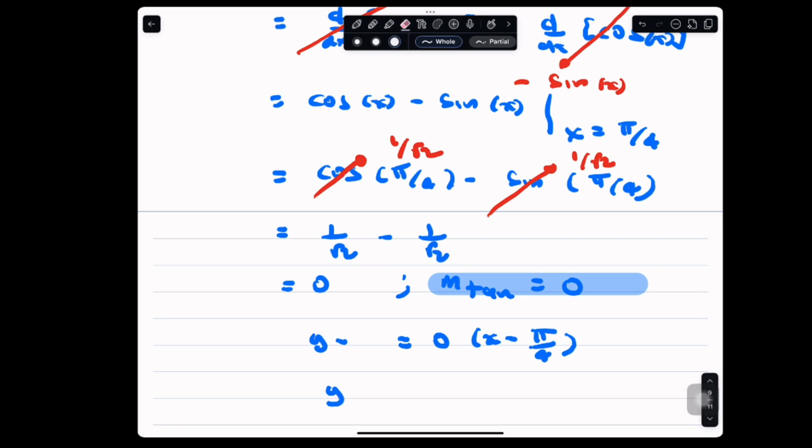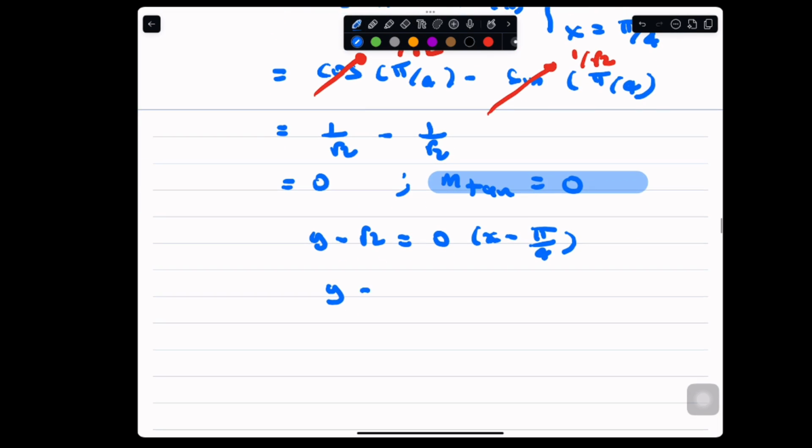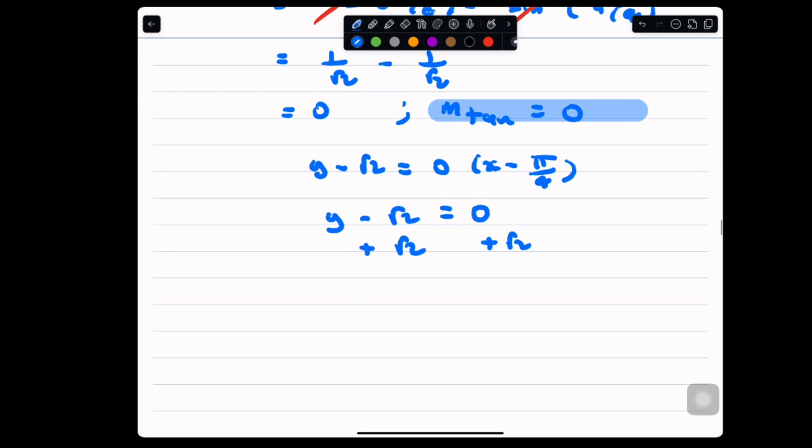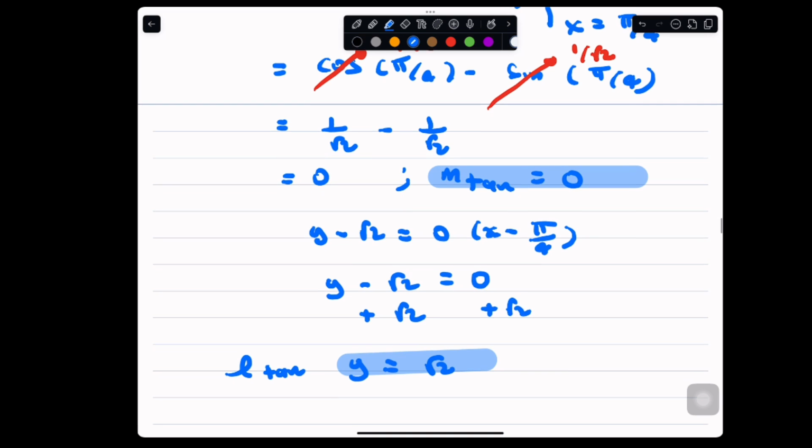All right, it wasn't 1/2. Good. So y minus the square root of 2 will be 0, and add your square root of 2 to both sides. You now get the tangent line to be a constant. It's the square root of 2. That's the equation of the tangent line.